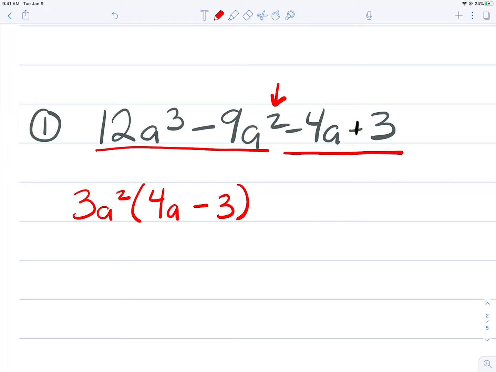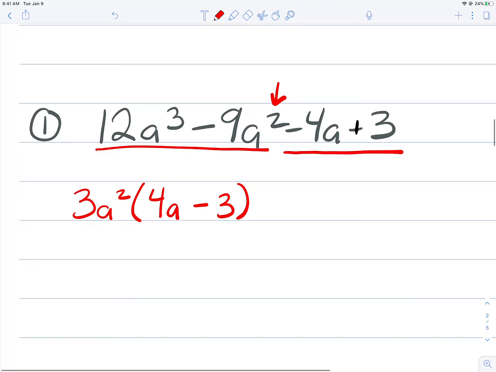Now, if you look at terms 3 and 4, they don't have a whole lot in common. However, there is a negative with the 4a and a positive with the 3. But if I look ahead, what I would really like to have is this set of parentheses match. We also had discussed that if your first term is a negative, you factor out a negative 1. So I'm going to factor out a negative 1.